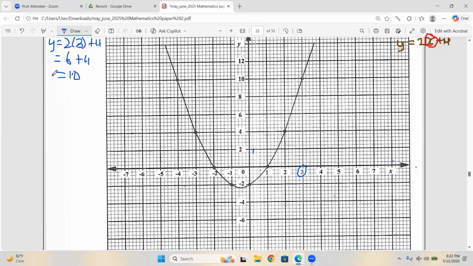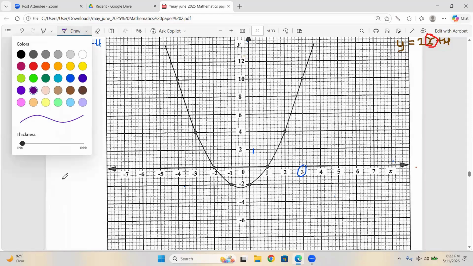So that means y is 10. So we have a coordinate point here. It means when x is 3, y is 10. So this is 1 point we have thus far. We need another one though, because you need at least 2 points to plot a straight line graph.